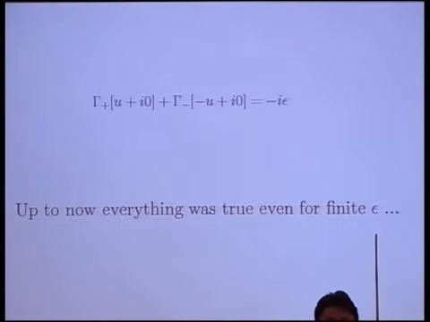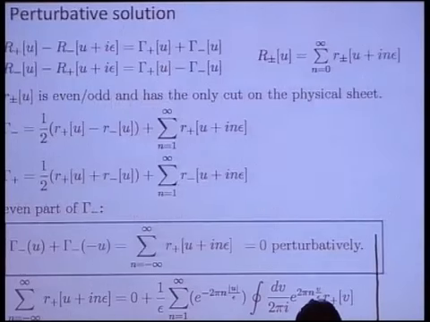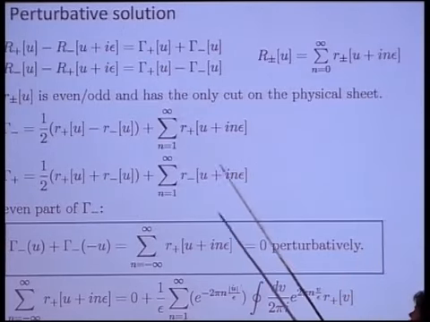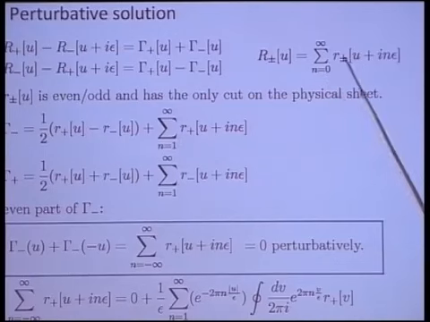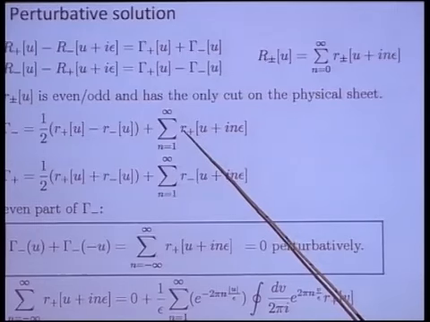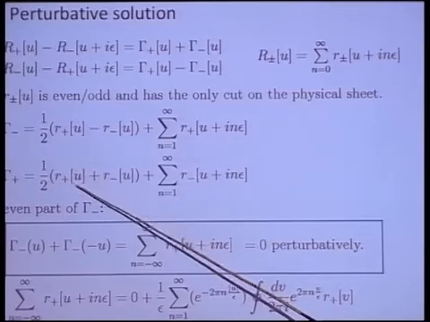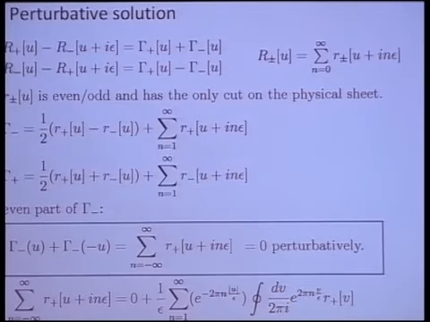I also remark that up to now everything was non-perturbative, it was true even for finite epsilon, and only now, after all this, I will go to the perturbative limit. So I remind you what big gammas are, what small r's are, and I can express big gammas through the small r's. I see that in principle gamma minus and gamma plus have no parity properties.